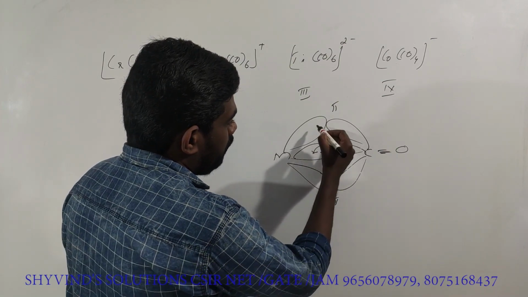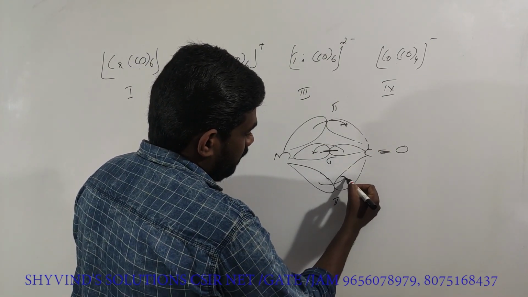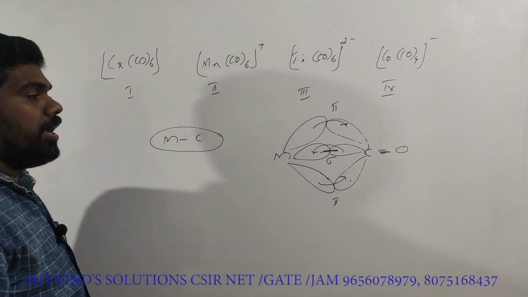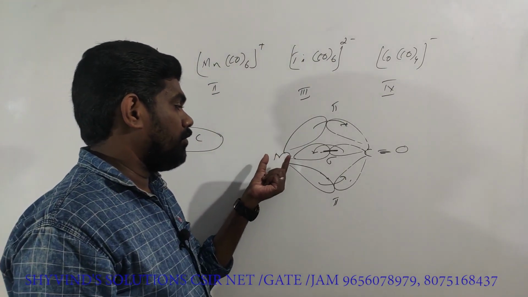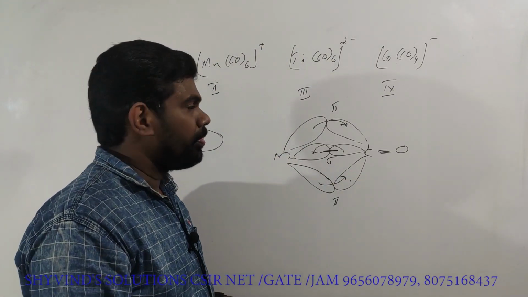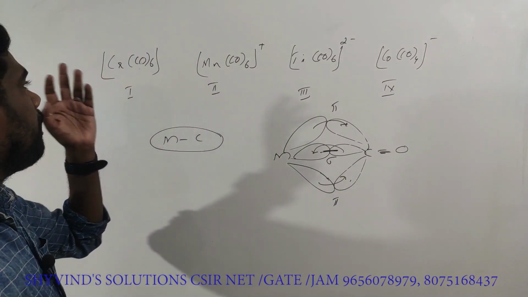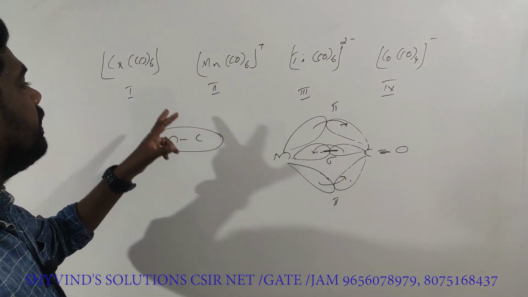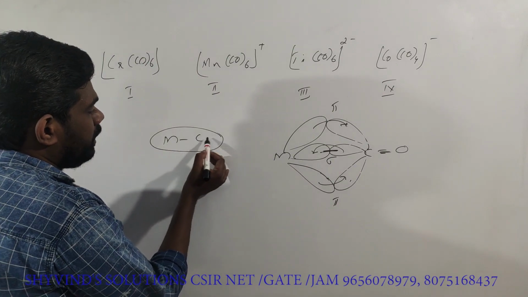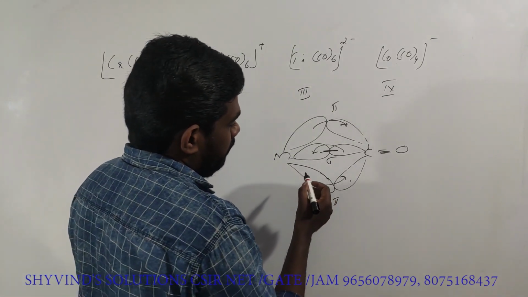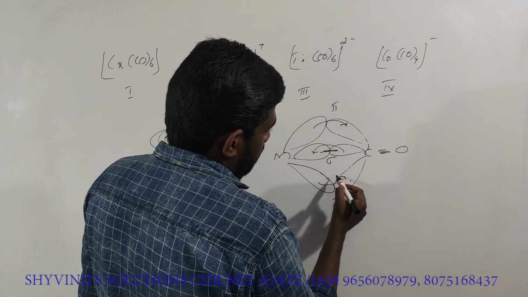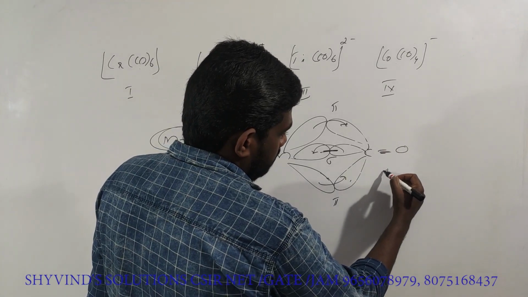To form pi bond, the metal will give electrons to the carbonyl group, so the flow of electrons is from metal to carbonyl group. In this particular case they are asked about metal-carbon bond strength. CO is a very good pi acceptor.